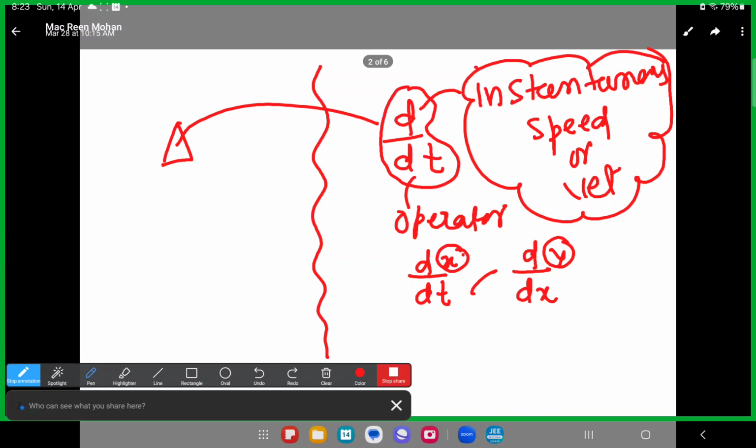Let me conclude by summing up once again that we have compared what differentiation is. Differentiation is basically an operator through which we have calculated a few technical parameters in physics, like instantaneous velocity, and we have also seen the basic meaning: division, slope, rate. These words we have also understood.